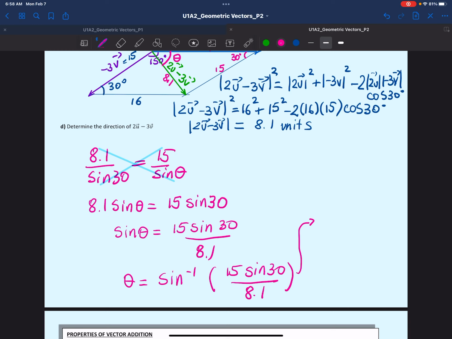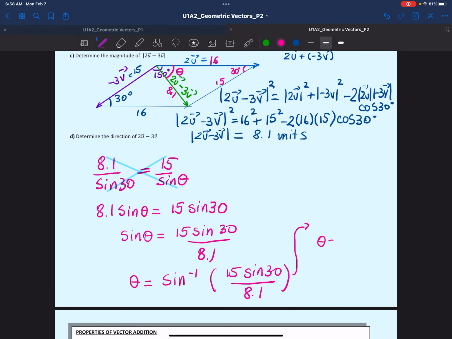So 15 times sine of 30 would equal 7.5. Divide that by 8.1, that is about 0.9259, but we're not going to write that number, just simply put that number inside inverse sine, and that will give the answer for the angle, which is 67.8. So theta is 67.8 degrees.